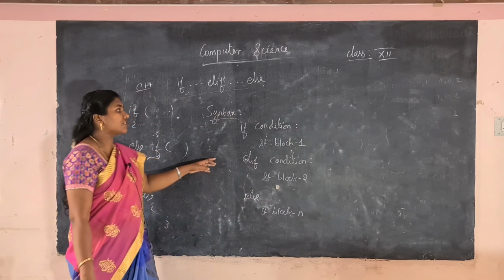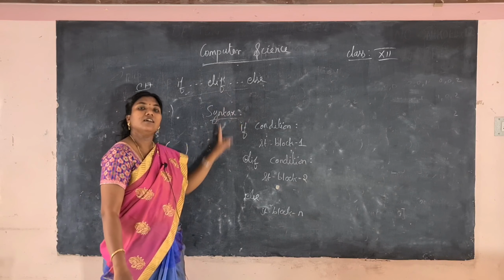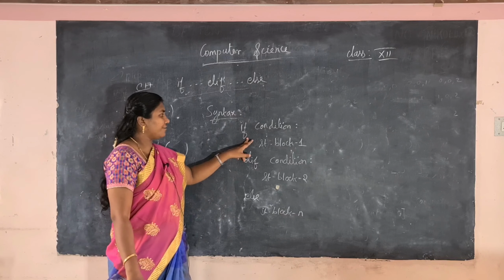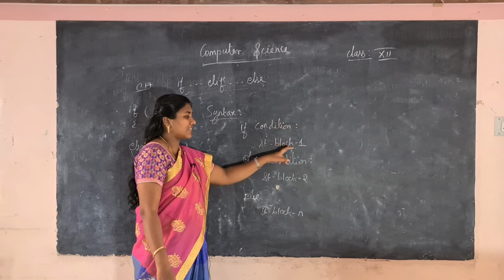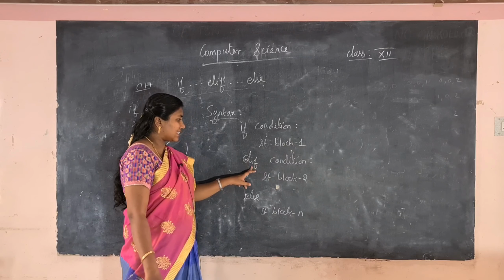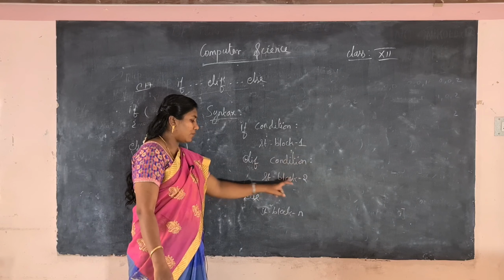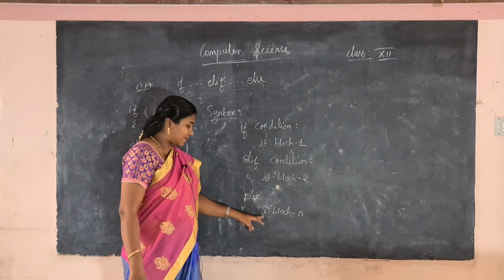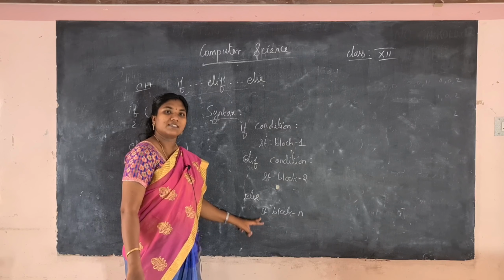So this is the syntax for if elif else in Python programming. If condition colon, then its corresponding statement block, then elif condition colon statement block 2, and then comes the else part, its particular statement block. Okay, this is the syntax.